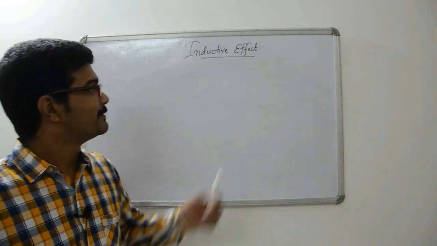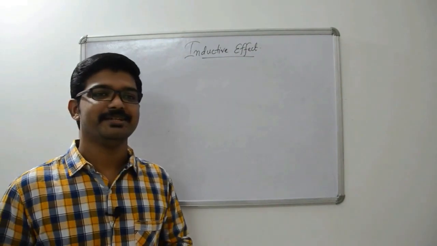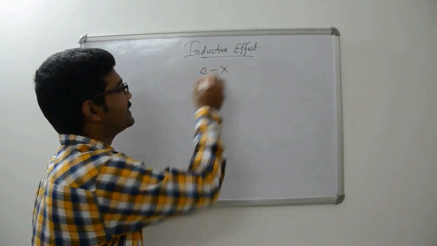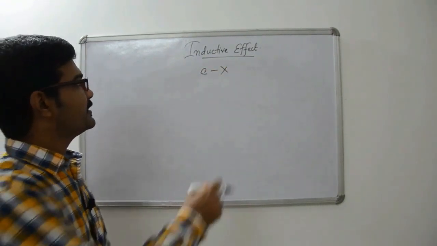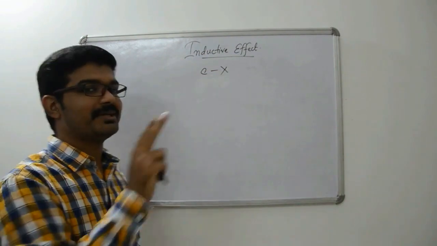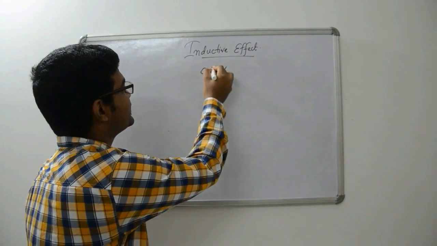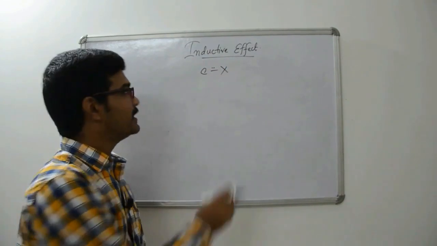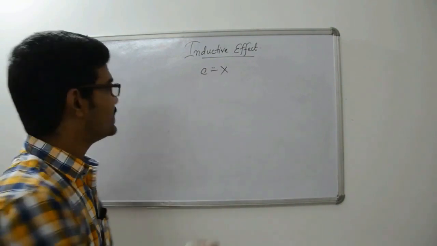So today we will start a new topic called inductive effect. In case of a covalent bond, when there is a difference in electronegativity between the two participating atoms, the bonding pair of electrons is not equally distributed between the two atoms.